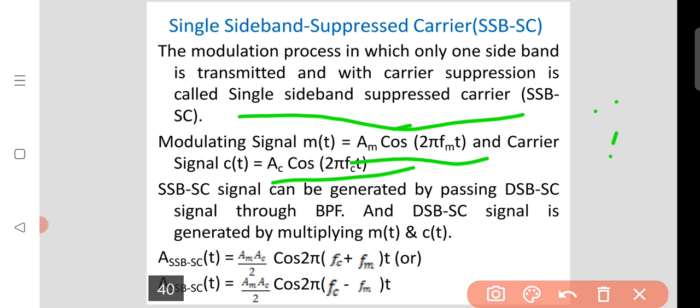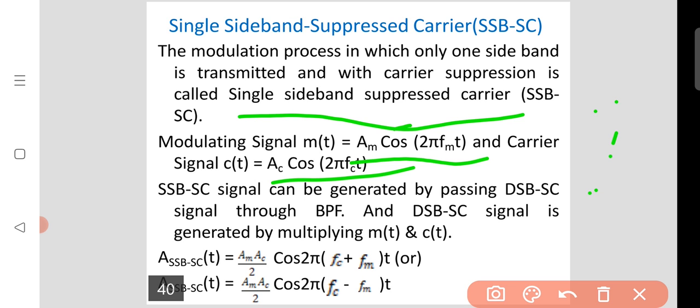In that equation, we suppress the carrier, so we require only the two sidebands, that is the DSBSC. An SSB signal can be generated by passing the DSBSC signal through a band pass filter. For the generation of DSBSC, we simply suppress the carrier.